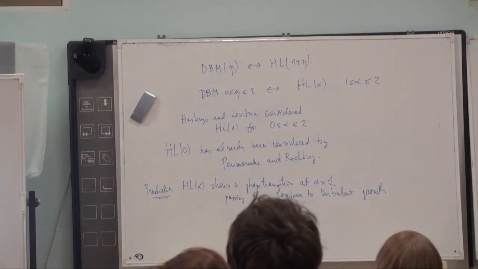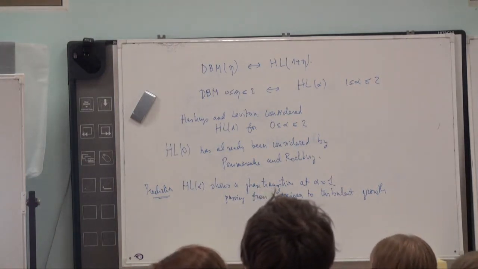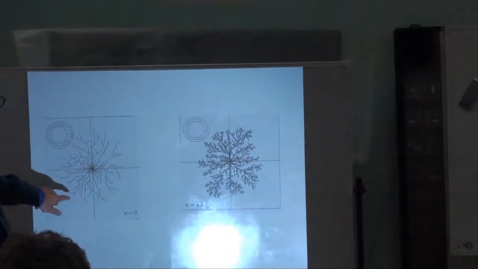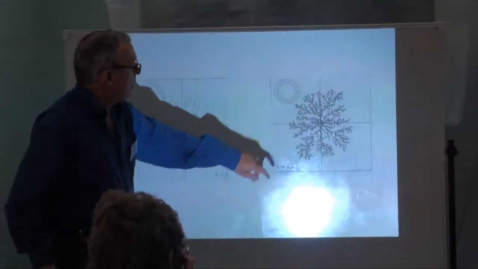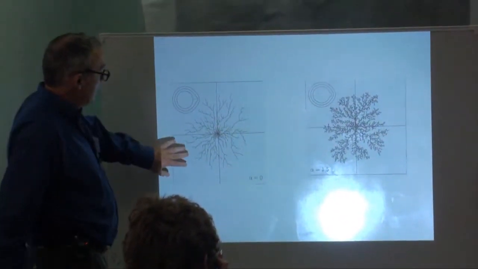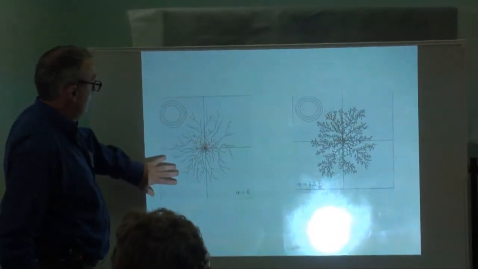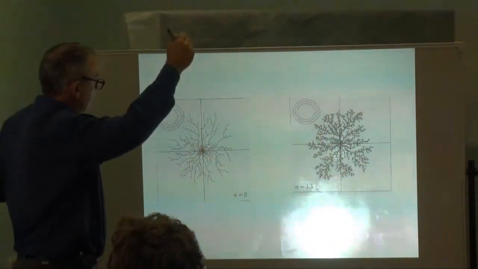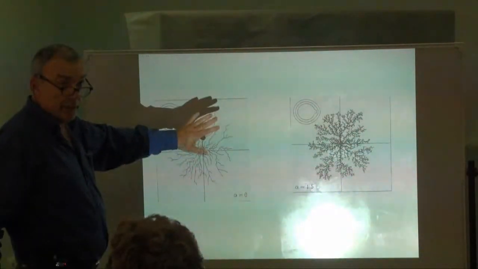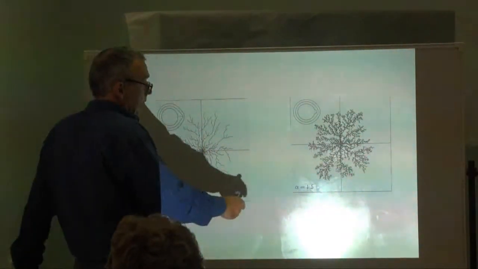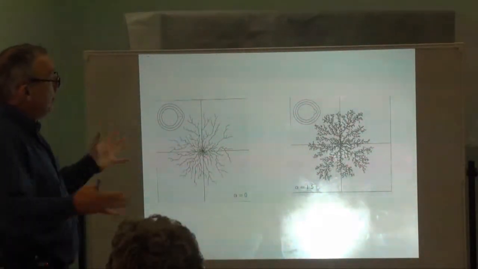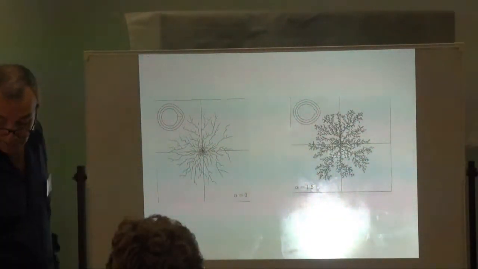By the way, I have here pictures of the Hastings-Levitov model for alpha equals 0, alpha equal 1.5. So you see exactly that for alpha small, the growth is very rapid. And for alpha equals 1.5, it looks more like DLA.